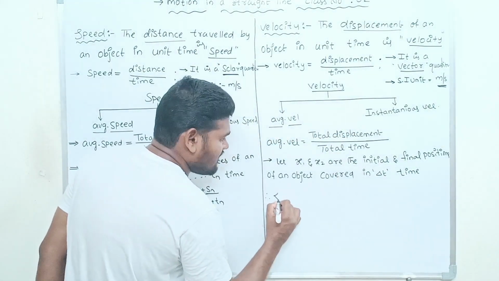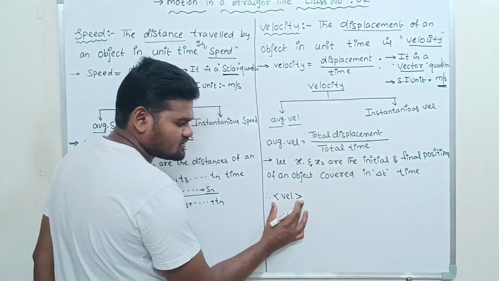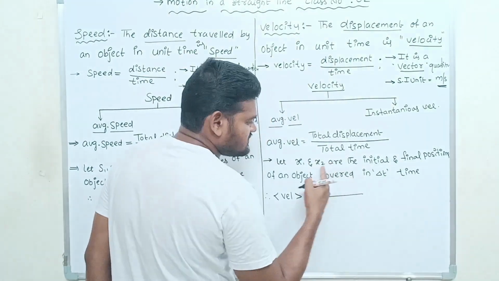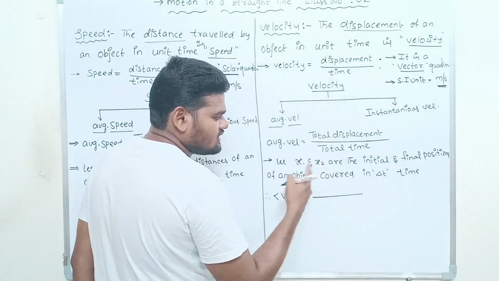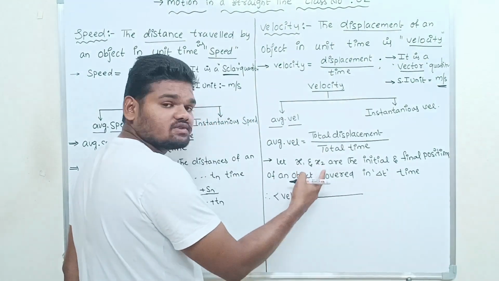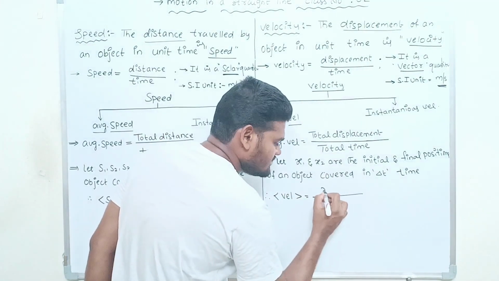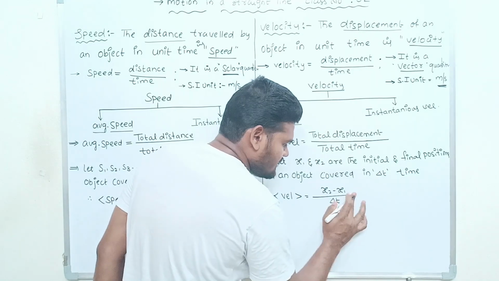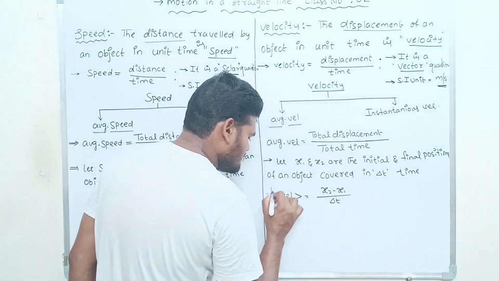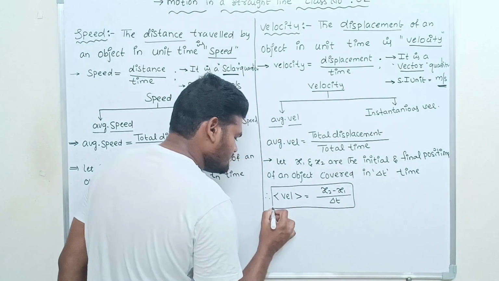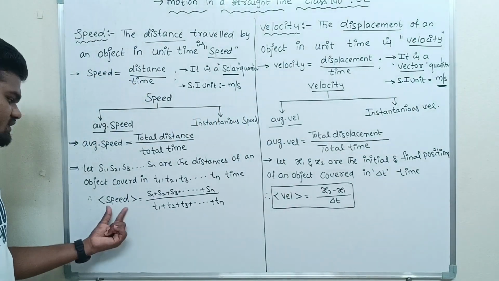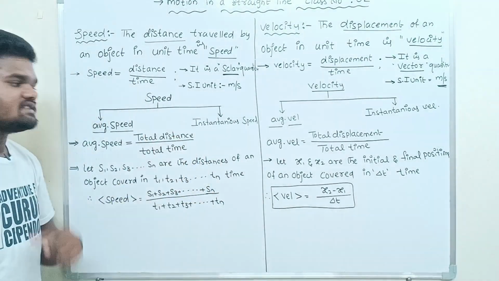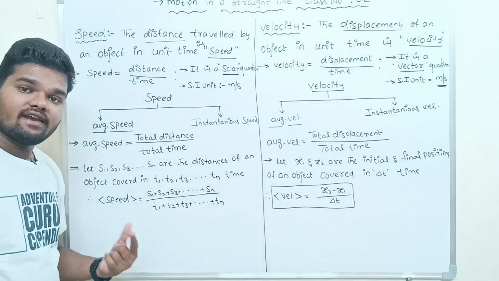Therefore, the average velocity is equal to displacement. x1 is the initial position and x2 is the final position, so we can write x2 minus x1 divided by delta t, the time. This is the formula for average velocity. So average speed is total distance by time, and average velocity is total displacement by time. Any doubts?